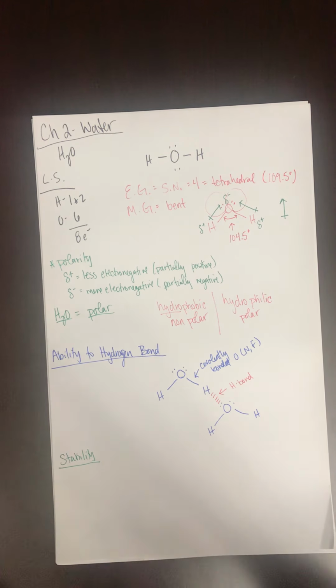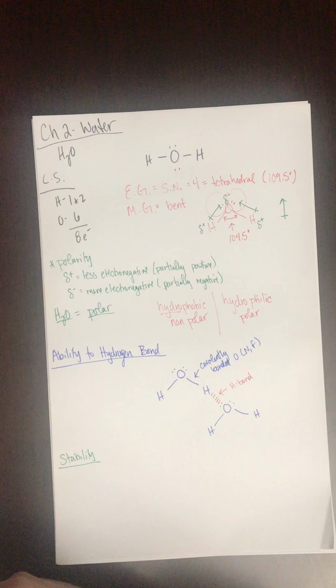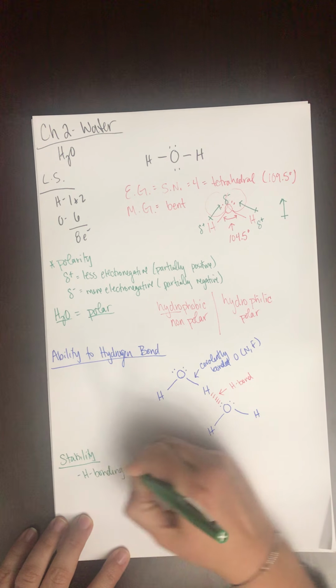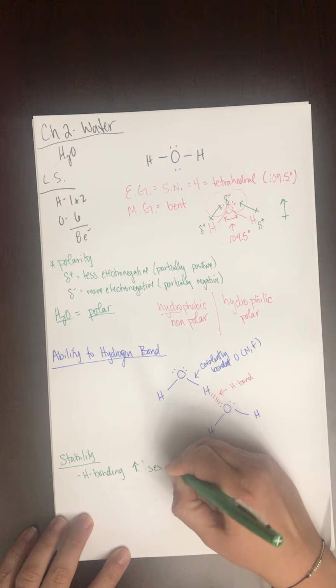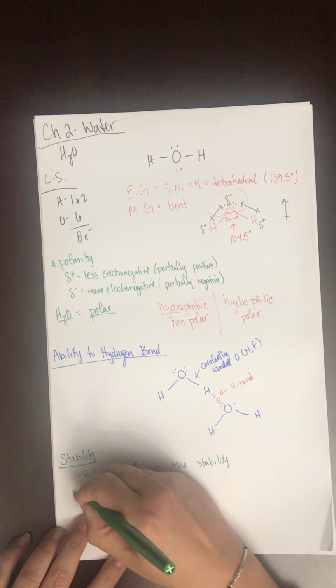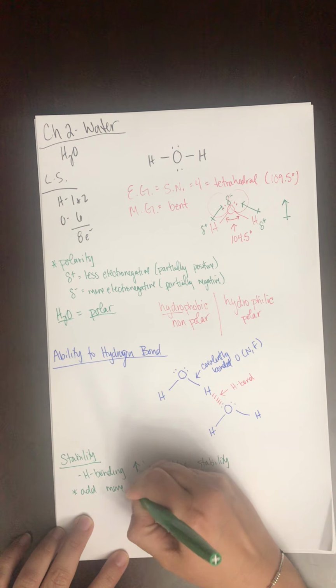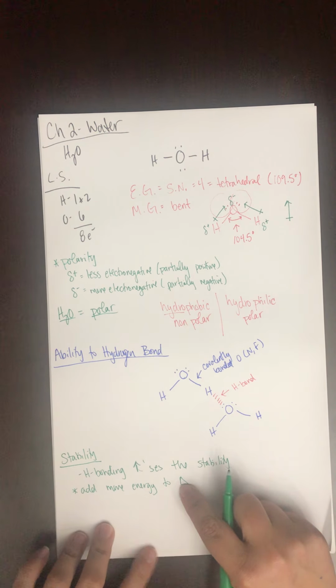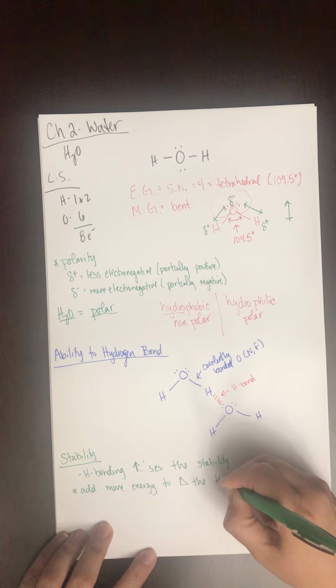So there are some slides in the lecture that talk about boiling point, melting point, heat of vaporization of some similar molecules, and you'll see that water by far has the highest of all of these thermodynamic values. This is because the hydrogen bonding increases the stability. So you have to add more energy to change this little triangle here, delta means change, to change the temperature of water.